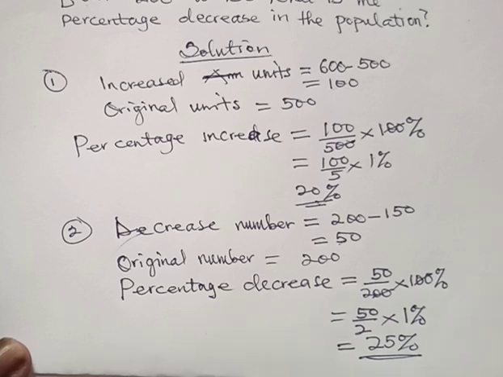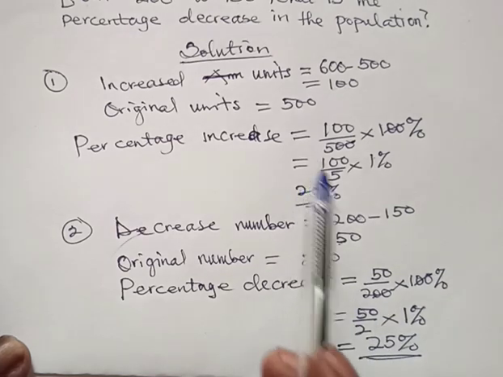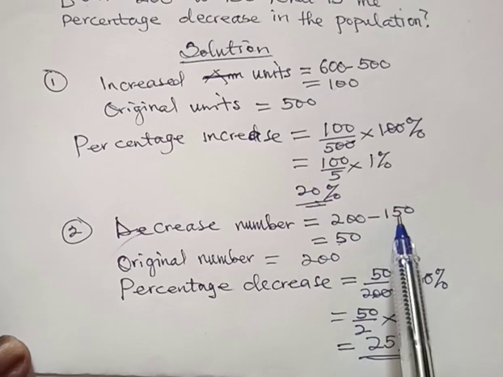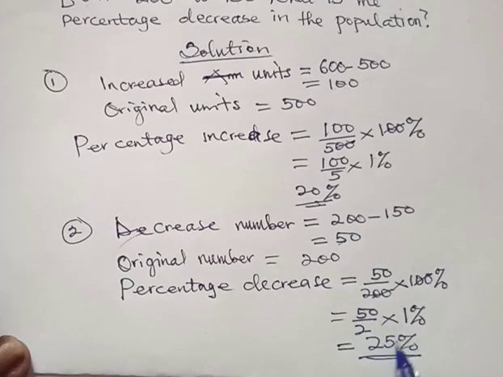So in our next lesson, we are going to look at how we can increase the quantity or the unit or the value when we are given the percentage. For instance, we have been given the values to find the percentage decrease.